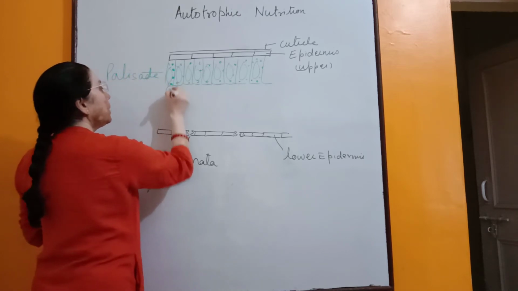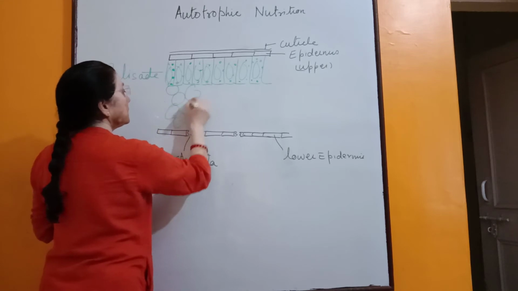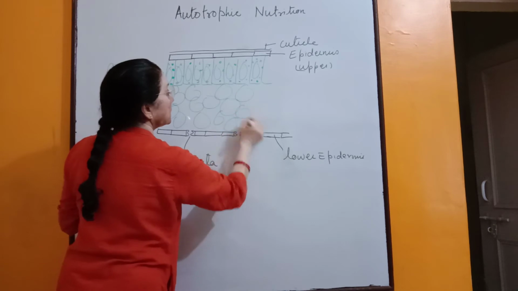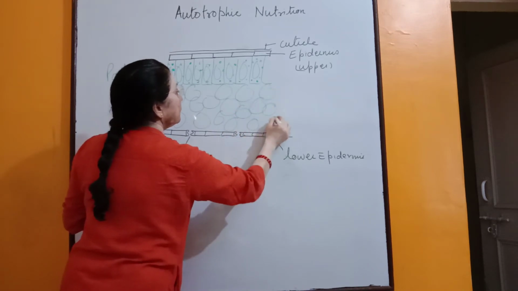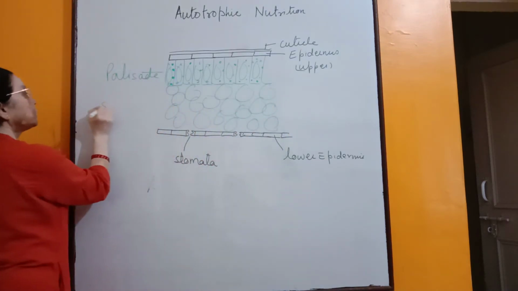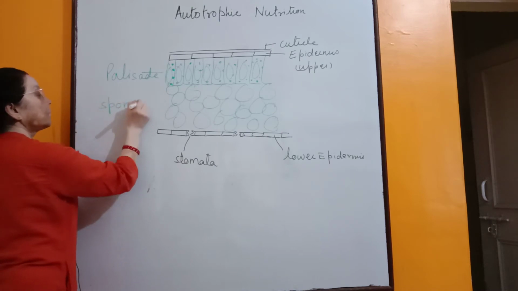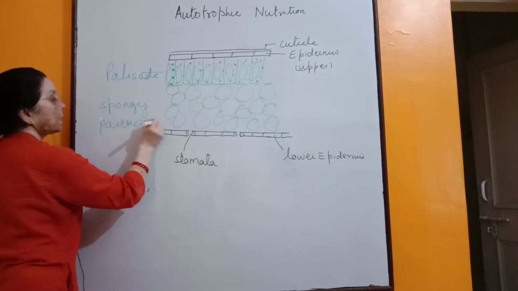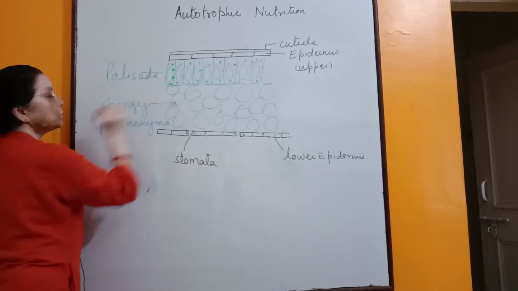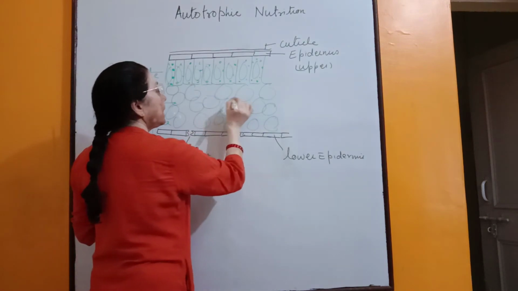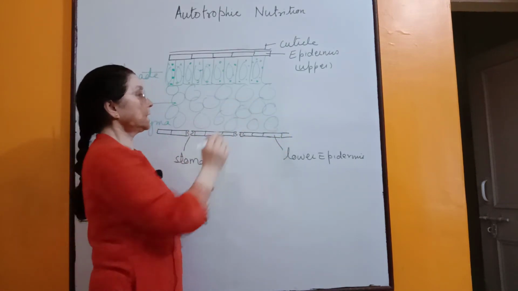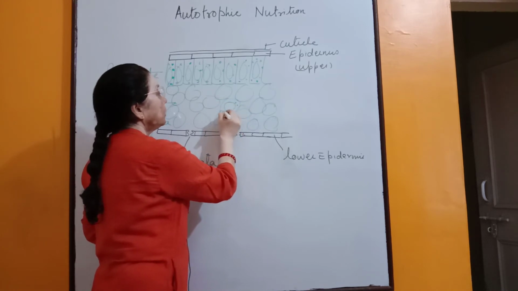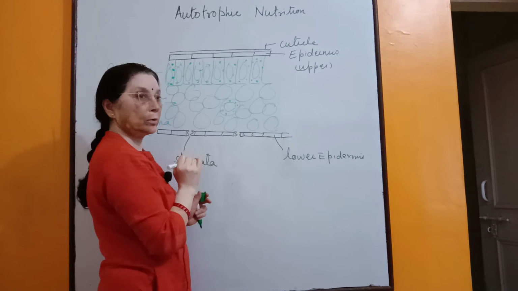Then you have some loosely arranged cells with a large number of intercellular spaces in between, and these we call spongy parenchyma. If you look at the structure of a single cell, you will find a vacuole, and they also have a large number of chloroplasts.